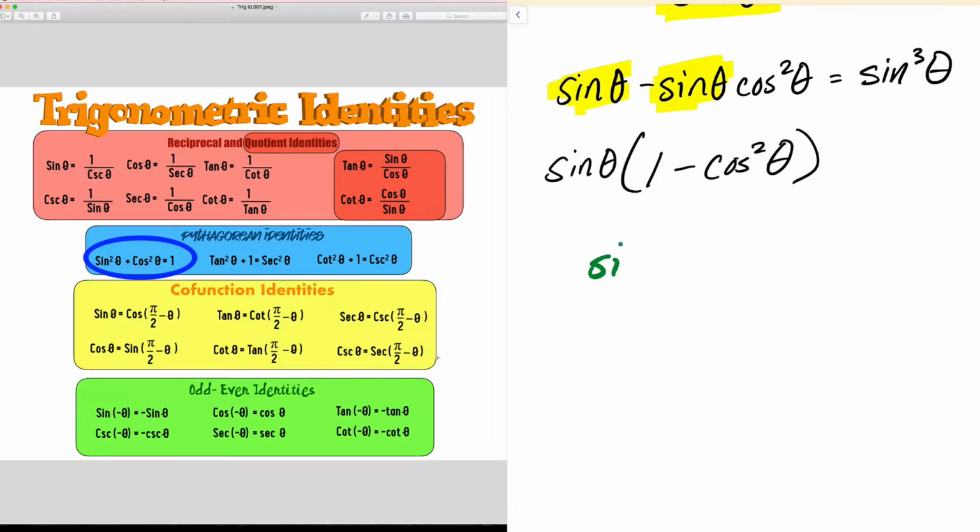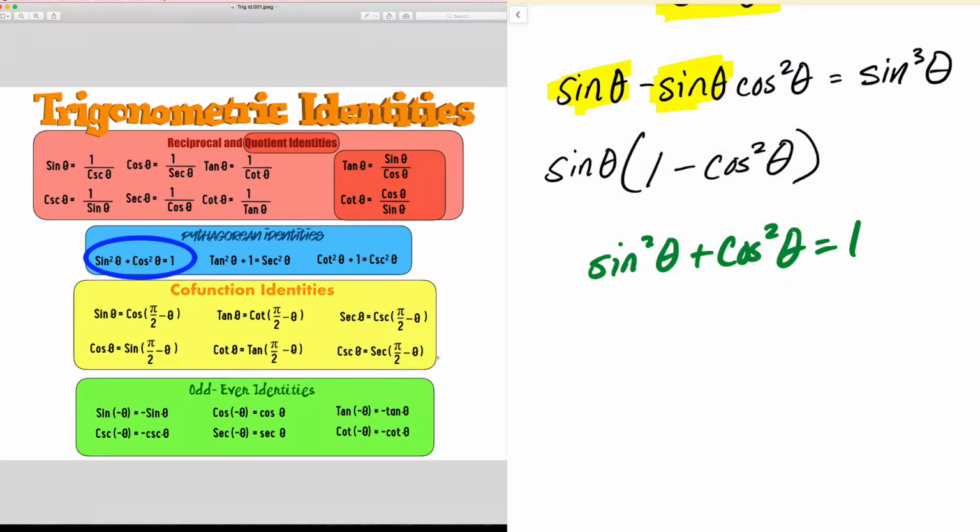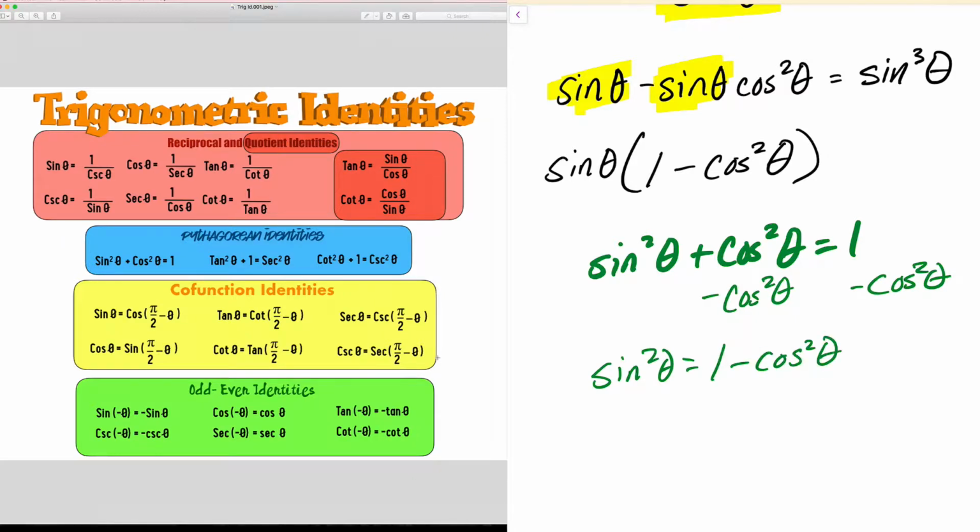If I look at sine squared theta plus cosine squared theta, that equals 1. What they've essentially done is subtract the cosine squared theta from both sides, giving you sine squared theta equals 1 minus cosine squared theta.